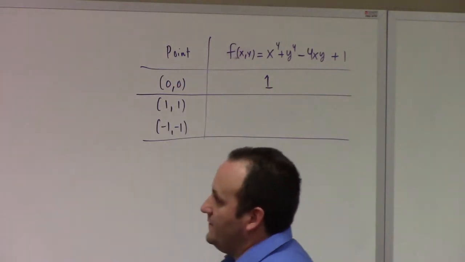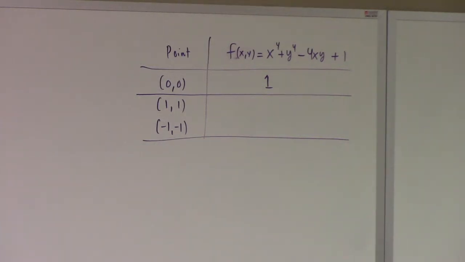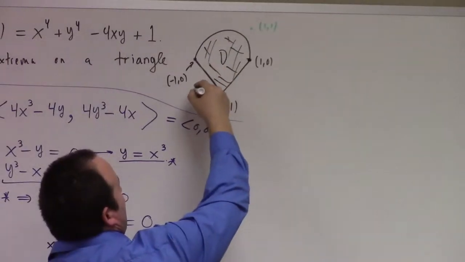And then at this point, we should be like, wait a second. I want to be lazy. I don't want to calculate stuff I don't need to calculate. So what should I say even? 1, 1 is where? It's up here. Where's minus 1, 1? It's down here.